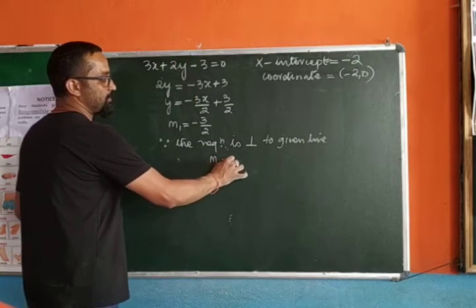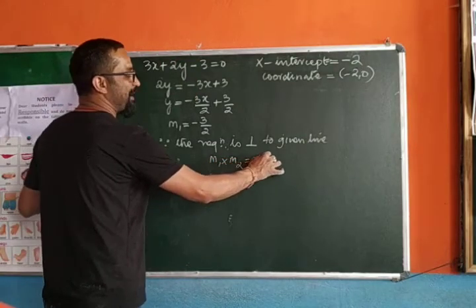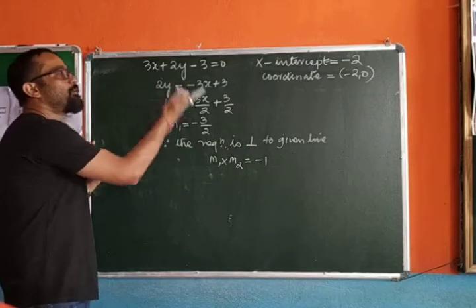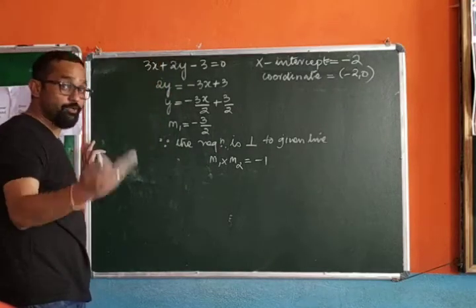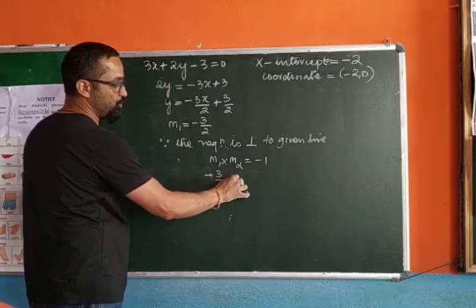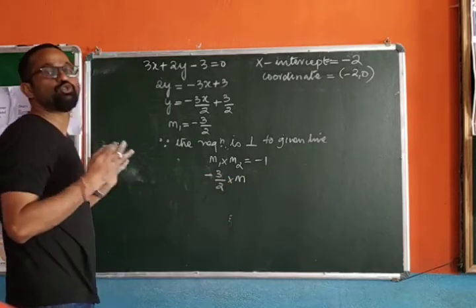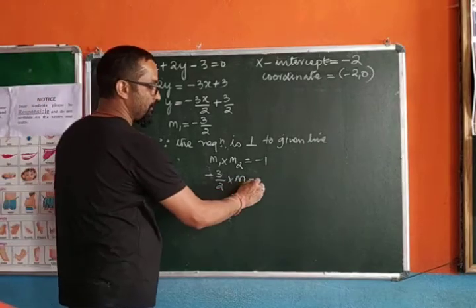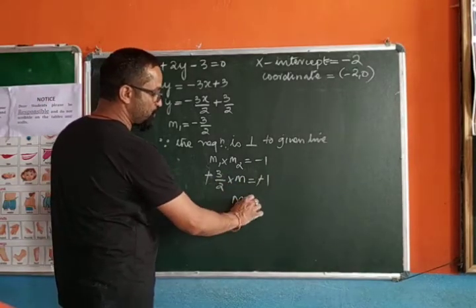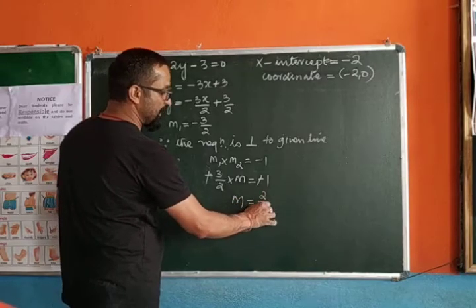M1 multiplied by M2 is equal to minus 1. This condition we have to use to calculate the slope of the required line. Minus 3 divided by 2 into M2 will change to M is equal to minus 1. Cancel it. M is equal to 2 divided by 3.